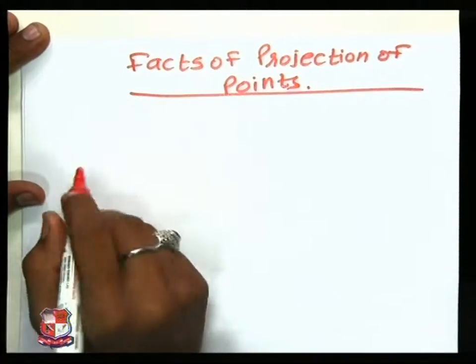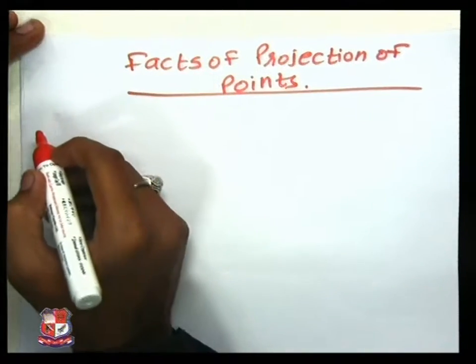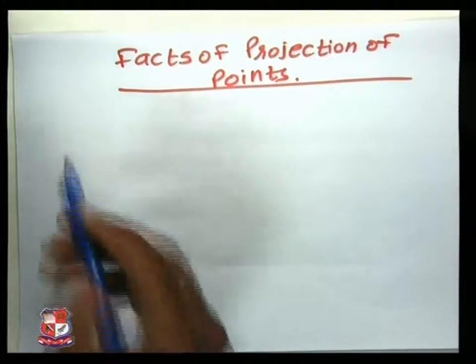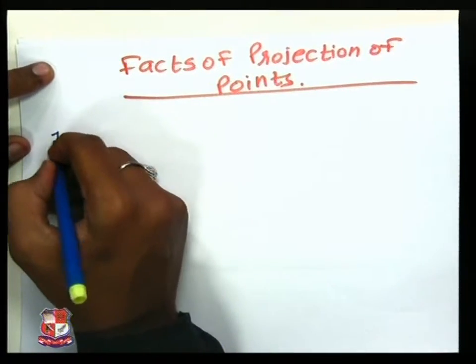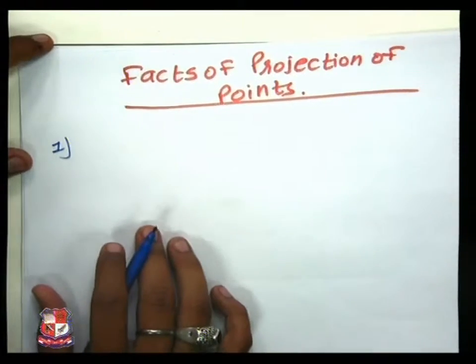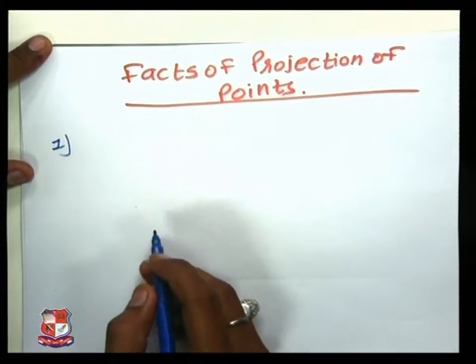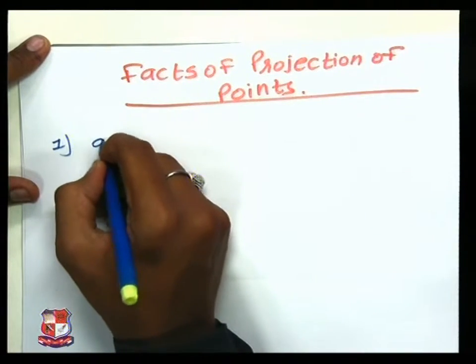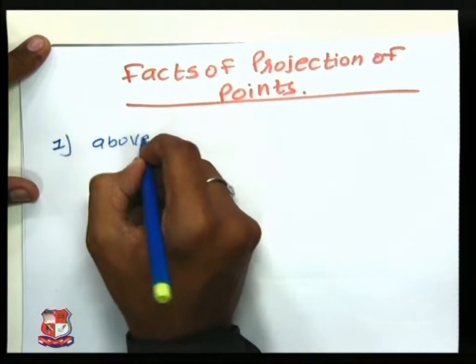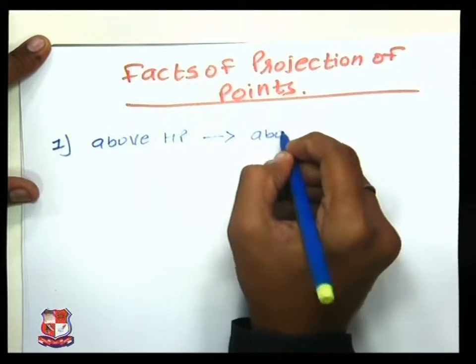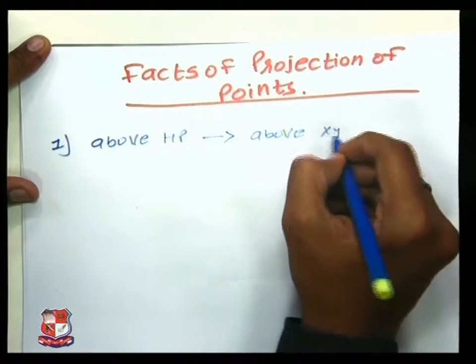Facts about projections of points. A few things must be very clear in the mind. When it says the point is above HP, then it comes above the XY line.